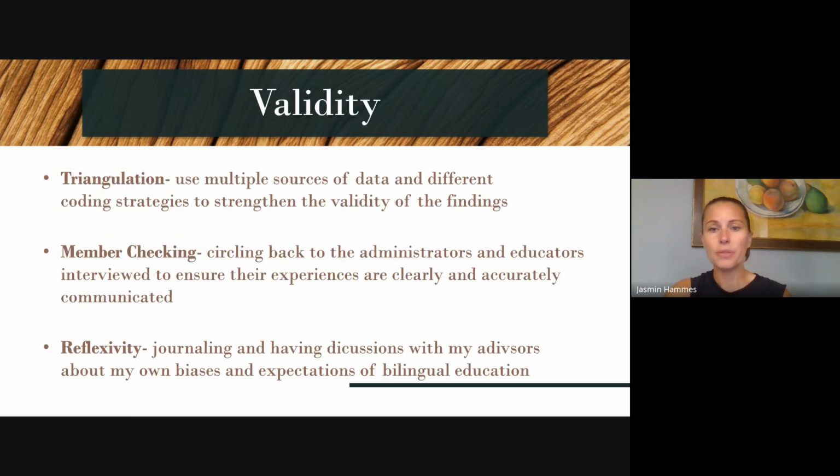So in thinking about the validity of my study, these are three ways that I thought I could strengthen the validity of my qualitative study. First would be through triangulation. I'm going to be using, or I hope to use, multiple sources of data.